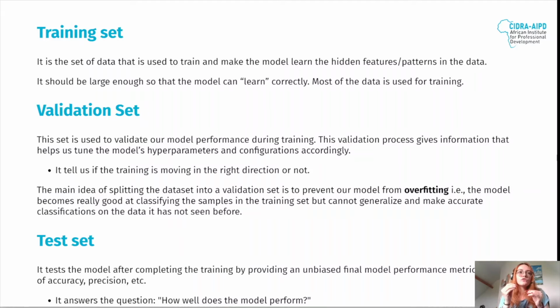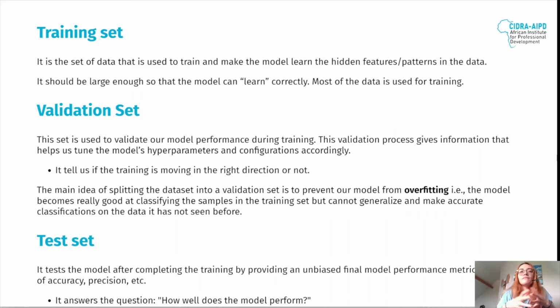But if the model is not that good, we can use the validation set to tune the model and configure it accordingly. Every model has what are called hyperparameters that will be best tuned during this validation time.